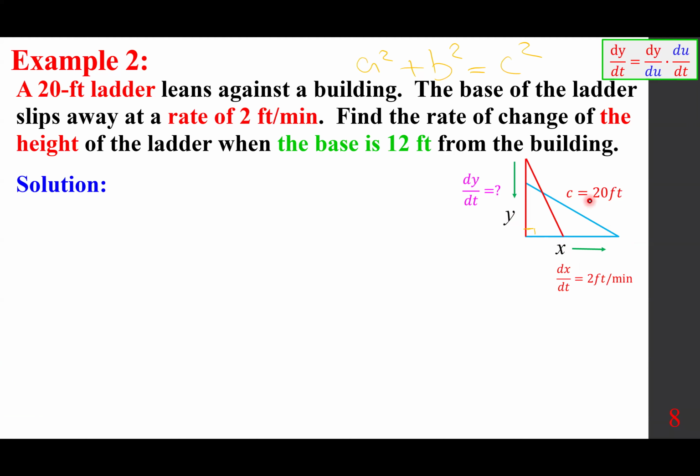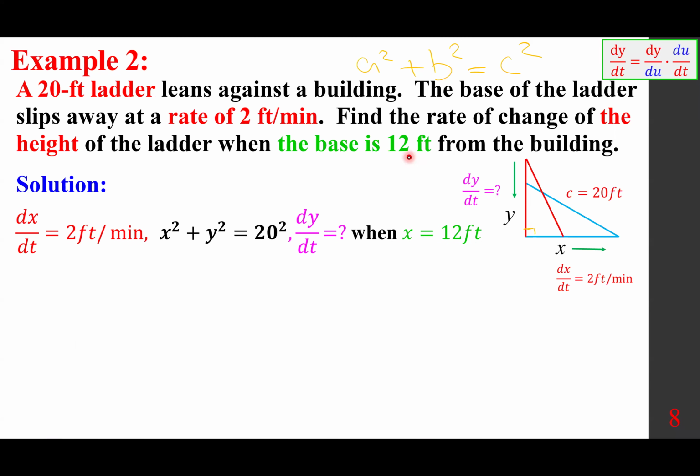So we're going to write dx/dt is 2 feet per minute. The formula is x squared plus y squared equals 20 squared. dy/dt is of interest at a precise moment when x is 12 feet.